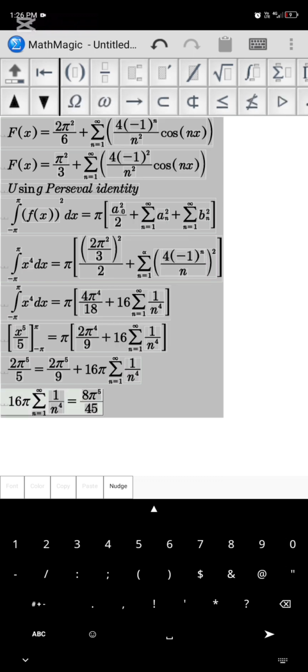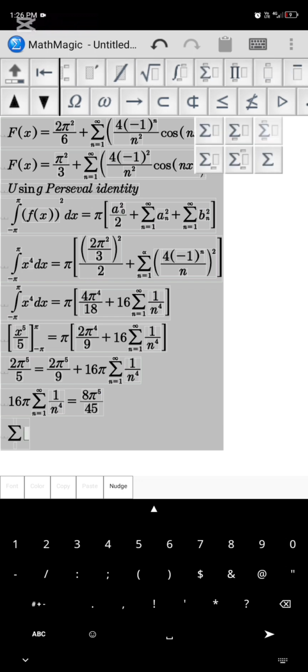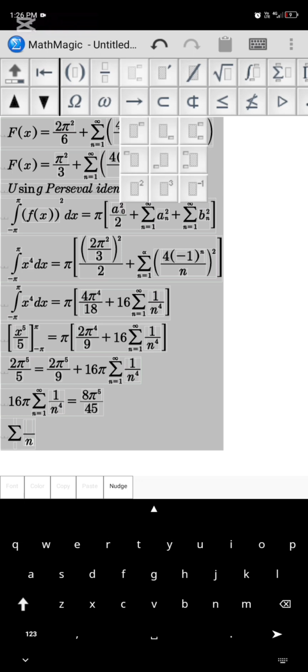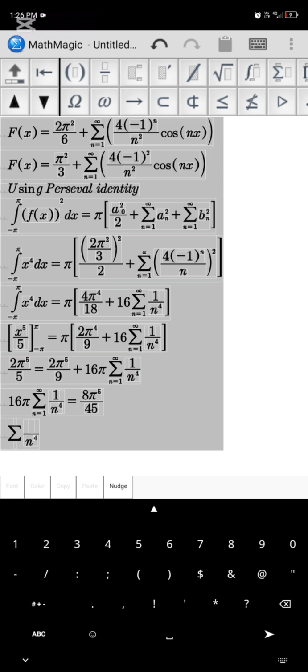Okay, so next step, dividing both sides by 16 pi. So we are going to have the summation of 1 over n raised to the power of 4, where n is from 1 to infinity.